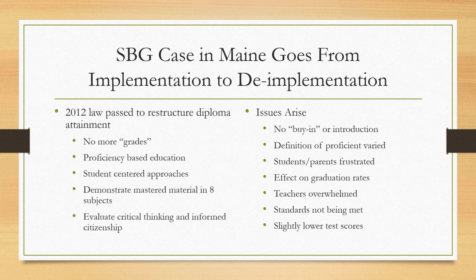They didn't take the time to have the organizational meetings with parents and students to let them know what they were going to be doing. It was just a requirement. This is the way we're going to do it. As it turned out, Maine in June of 2018 decided to scrap it altogether before any class would actually be graduating with a diploma based on standards-based grading.